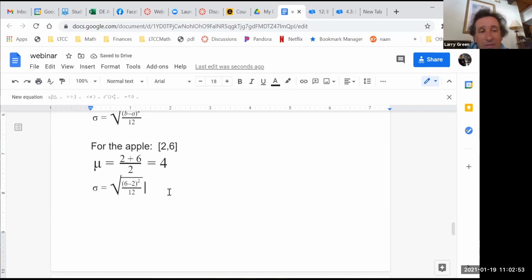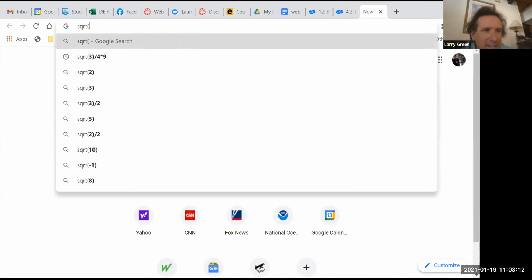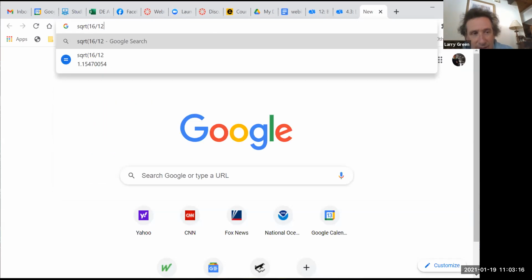So it's the square root of (6 minus 2) squared over 12. I guarantee you're going to want a calculator to do this. 6 minus 2 is 4, 4 squared is 16, so it's root 16 over 12. And that was about 1.15.